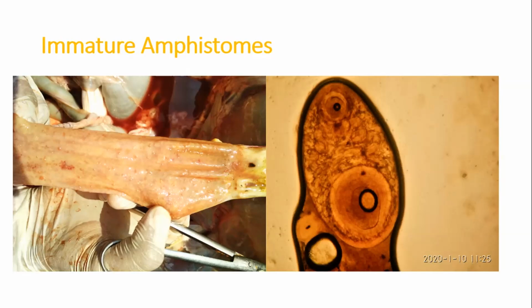Definitely there is no break in the cycle of those amphistomes, and ultimately the death of animals is observed because of hypoproteinemia, diarrhea, dehydration, and ultimately extensive gluconeogenesis, hypoxia, and death.